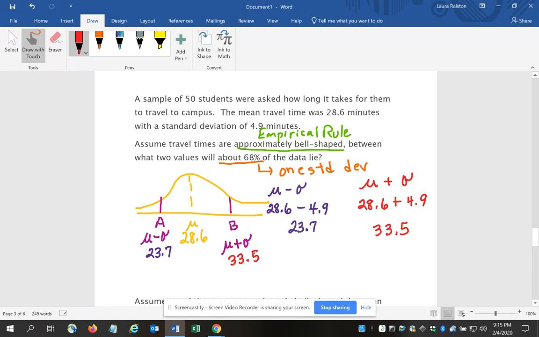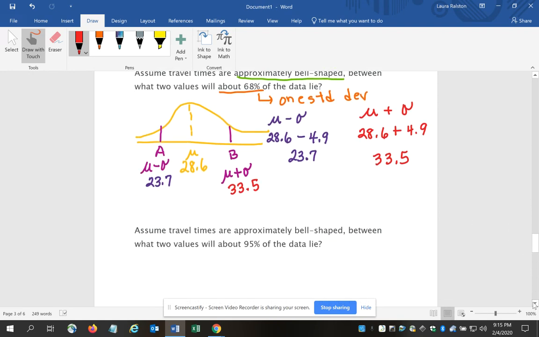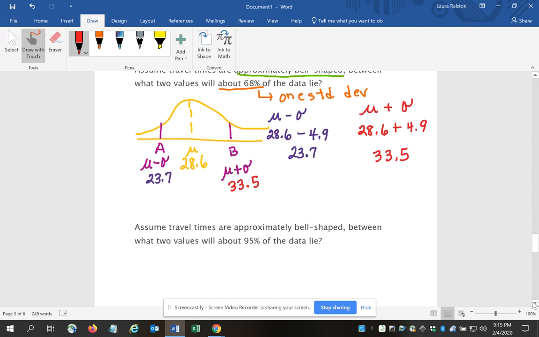To answer the question, approximately 68% of the data would lie between 23.7 minutes and 33.5 minutes.